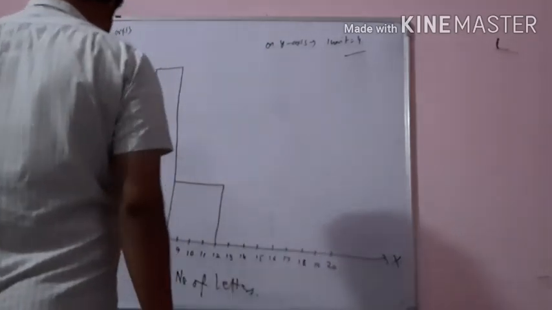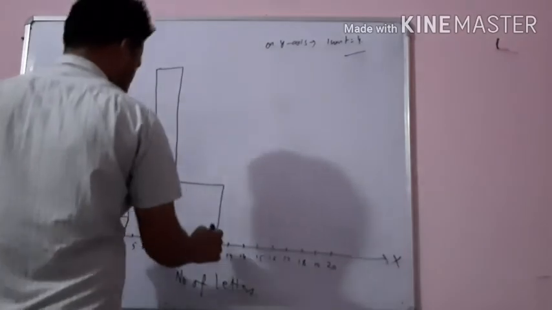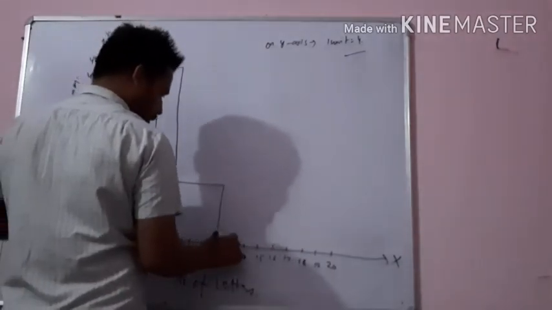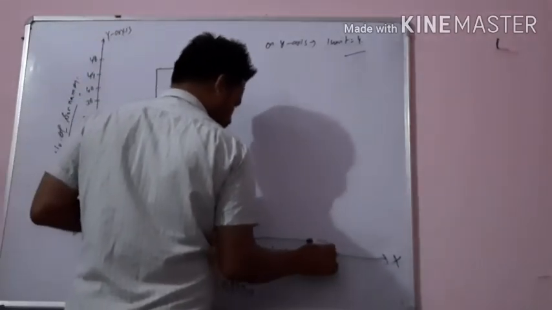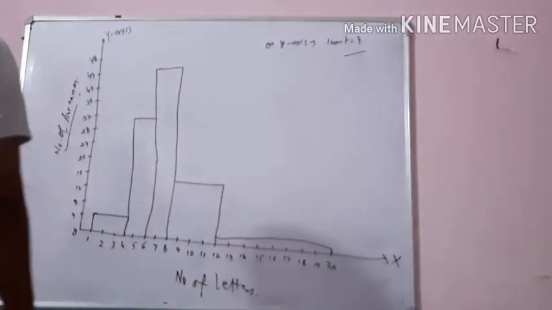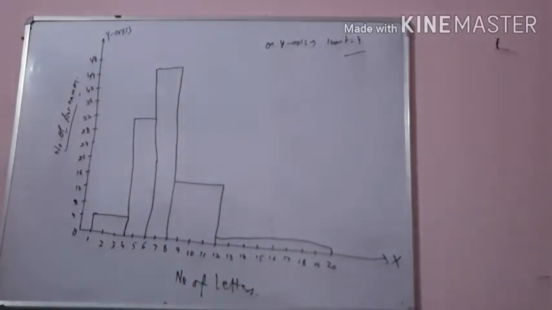And 12 to 20 it is 1. So in this manner the histogram has been drawn for question number 9.